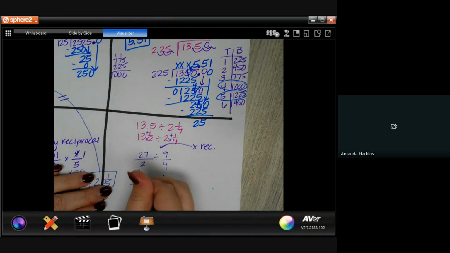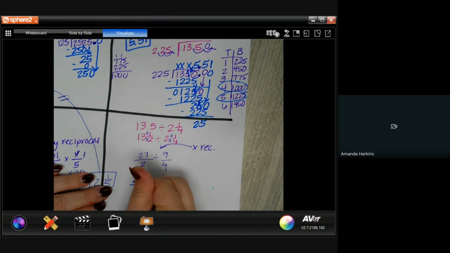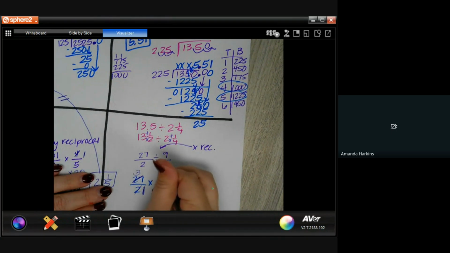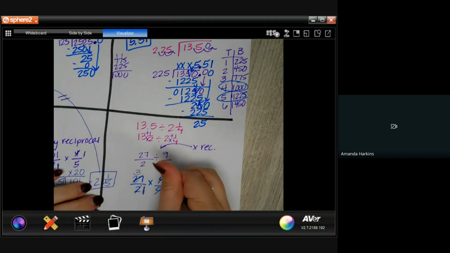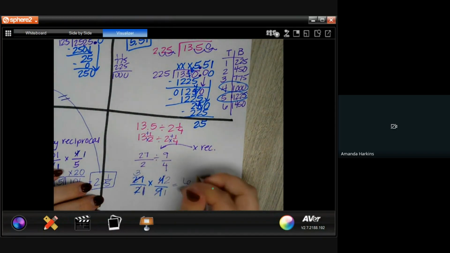So 2 divided by 2 is 1. 4 divided by 2 is 2. And so when I multiply that, 3 times 2 is 6. 1 times 1 is 1.